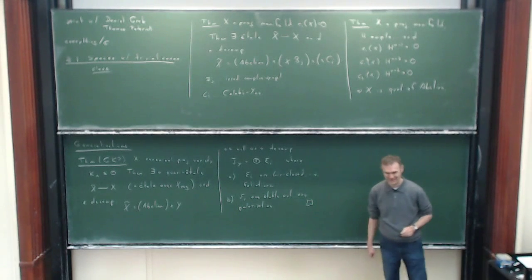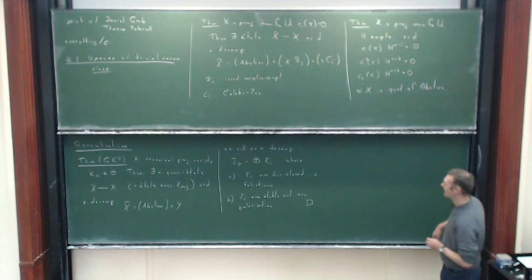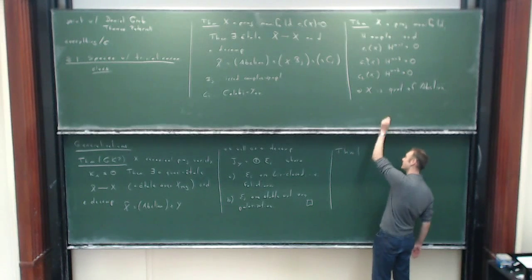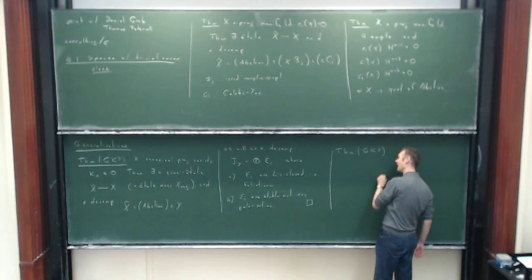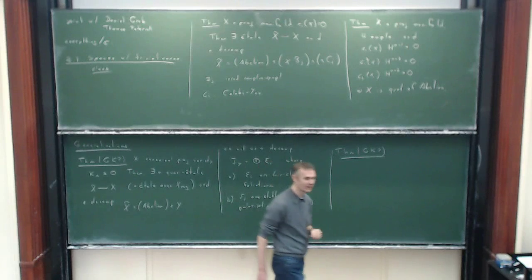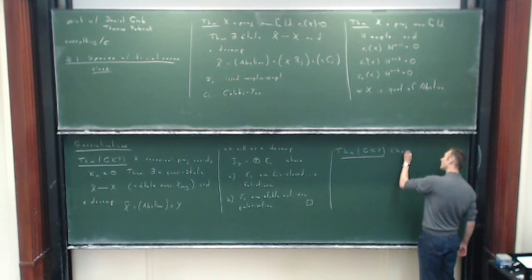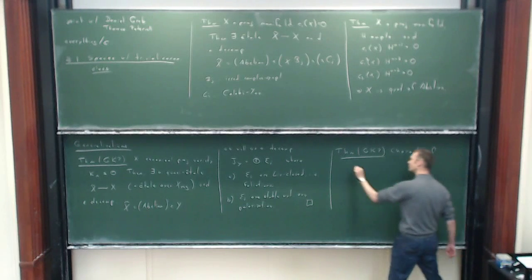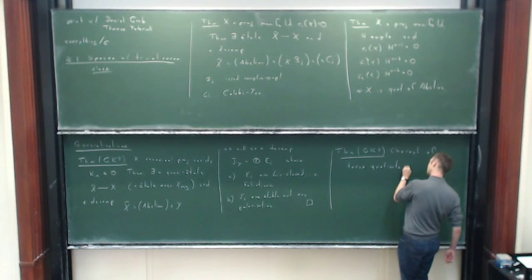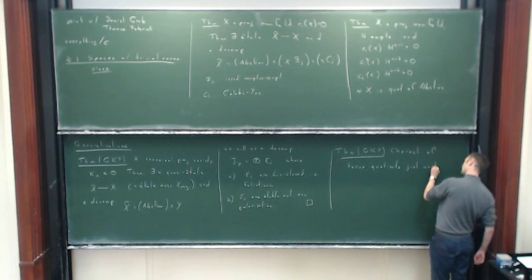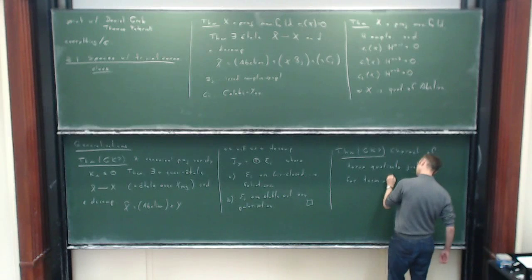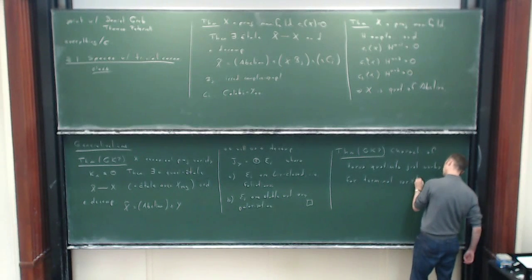First, let me immediately state the generalization of this result here. And here I will say very little, except that in the singular case it just works. So the characterization of torus quotients just works for terminal varieties.